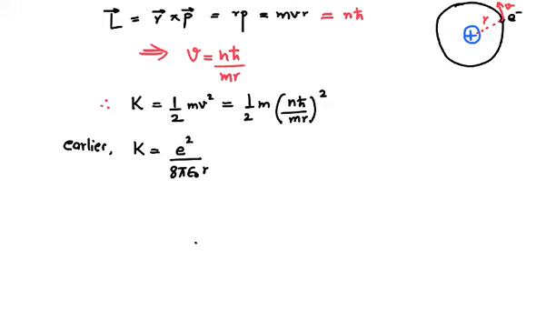Earlier we have seen this value of kinetic energy, and here just don't get confused: 1 over 4 pi epsilon naught I have previously used as small k, and if it's a hydrogen atom, so that Z is equal to 1, this will be the kinetic energy for the hydrogen atom.